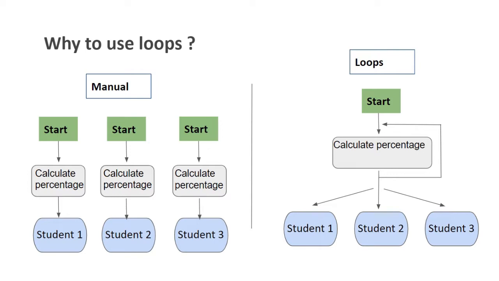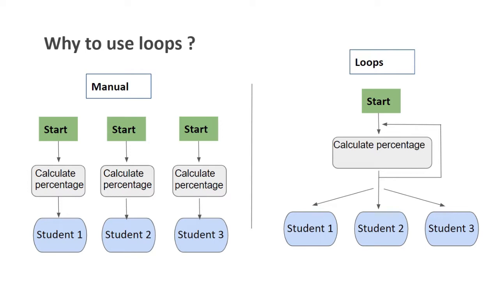Then again the program starts, and it takes the marks of the second student, calculates the percentage, and returns it for the second student. The loop runs till it finishes for all students, and here we have seen that in loops we only run it once, after that it goes automatically.